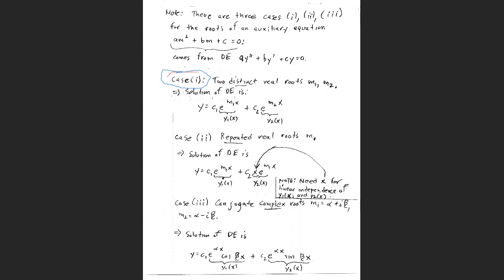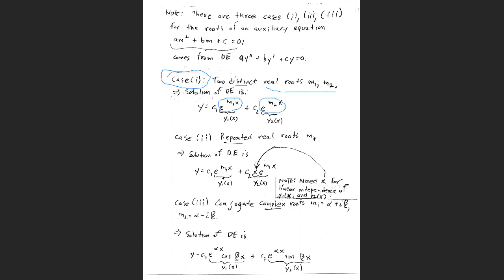When you have two distinct real roots, the solutions to the homogeneous differential equation would be e to the power m1 of x and e to the power m2 of x.